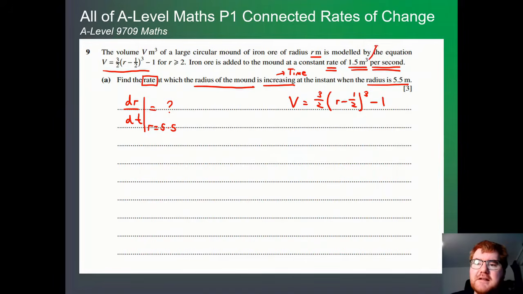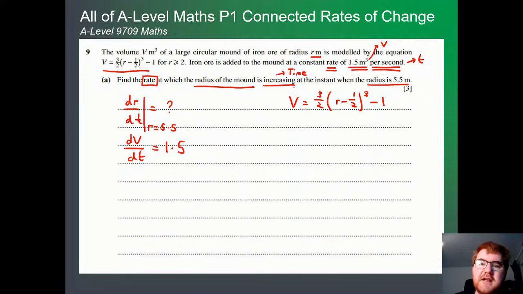So that's a volume, and the second is a time. So we're told here that dv, the change in volume, over dt is equal to 1.5. Okay, so I've got 3 bits of information. That's usually enough for these kinds of related rates of change questions.